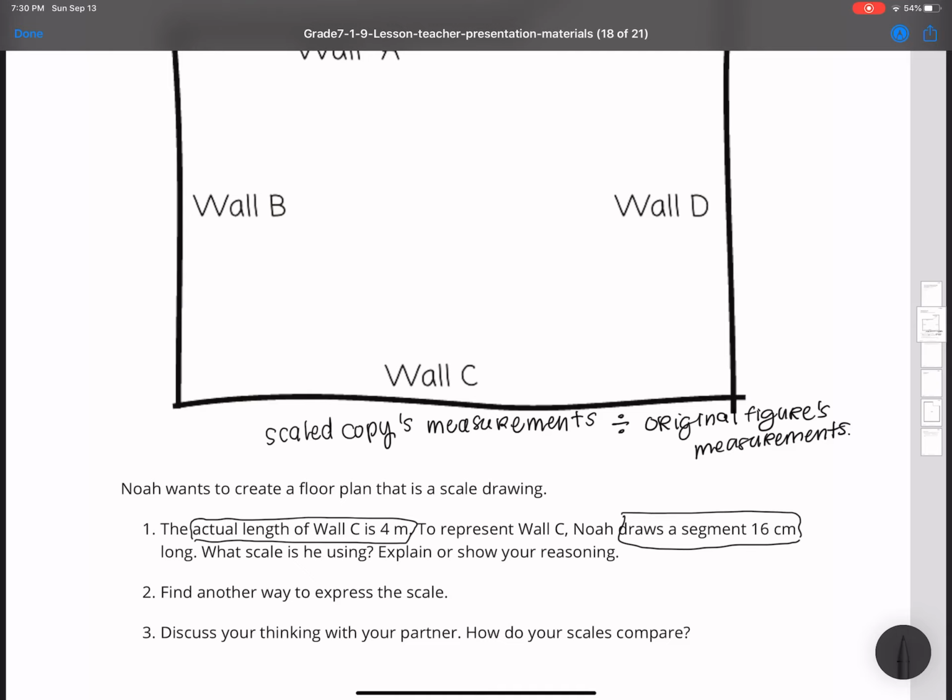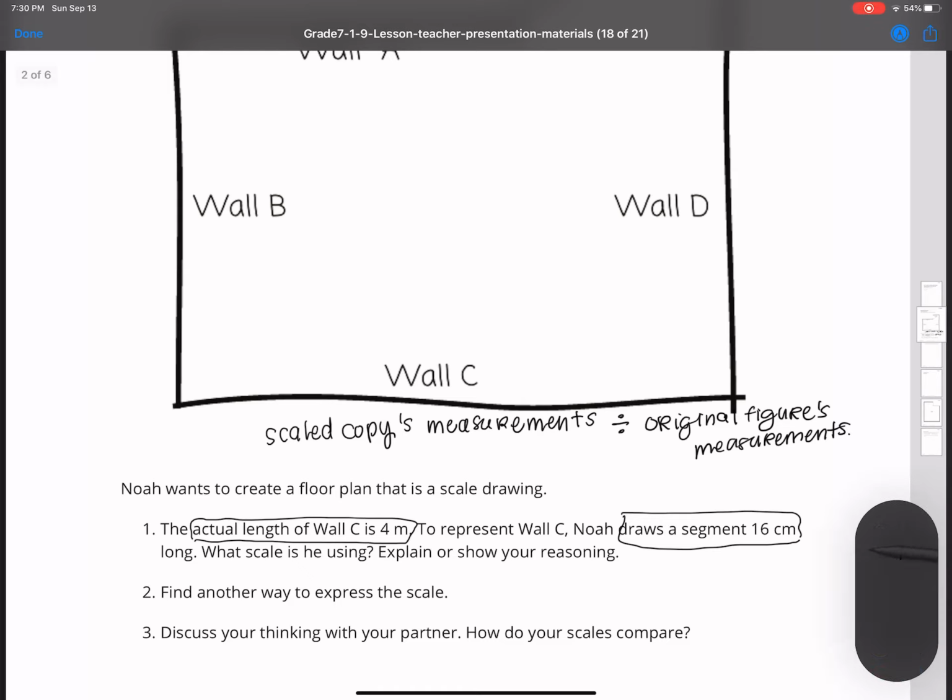So in this question, you have to decide which number represents the scale copy and which one represents the original. So which one is the scale copy? Which number would it be? Would it be 16 or 4?